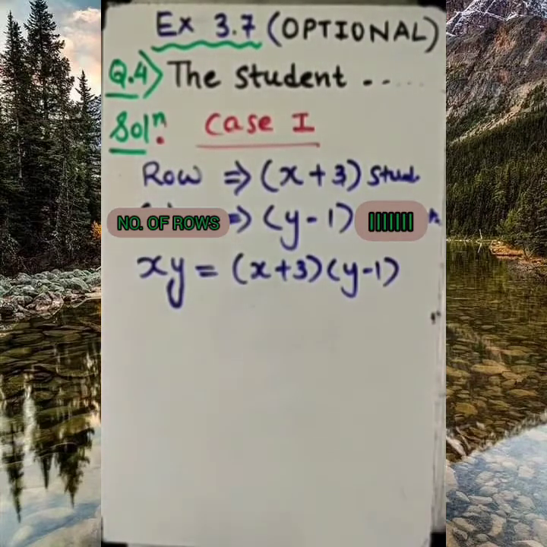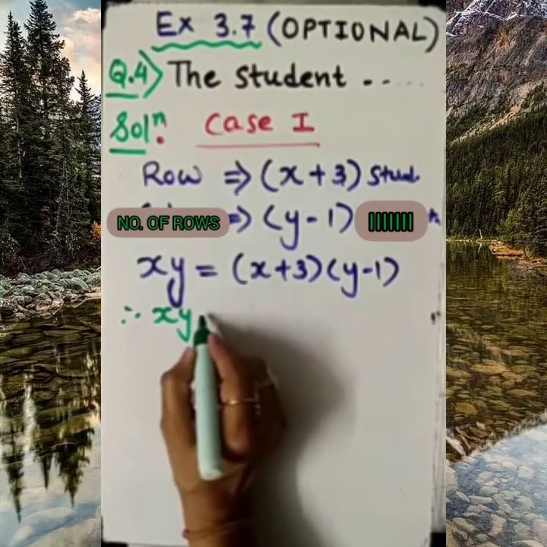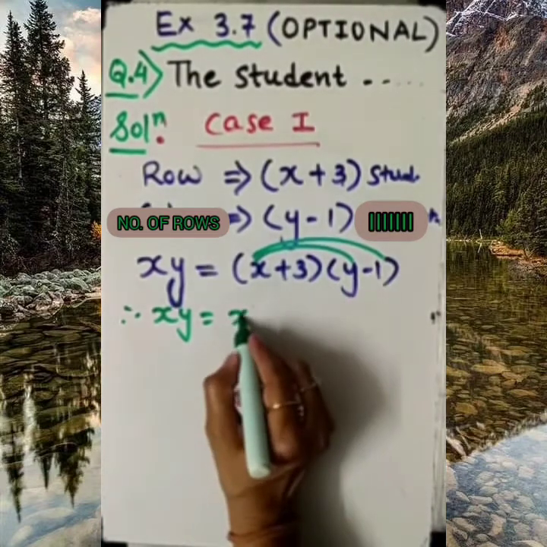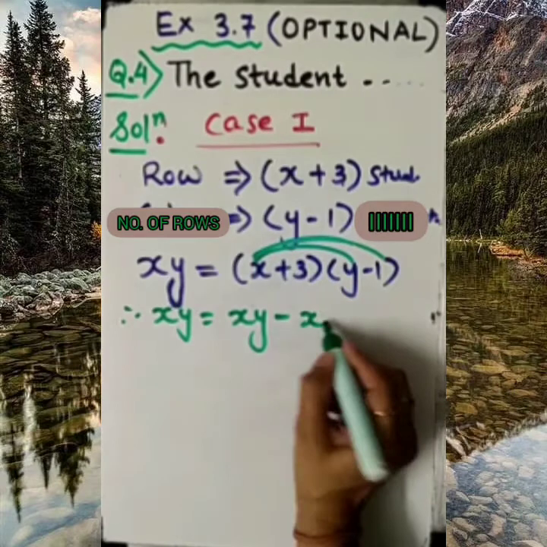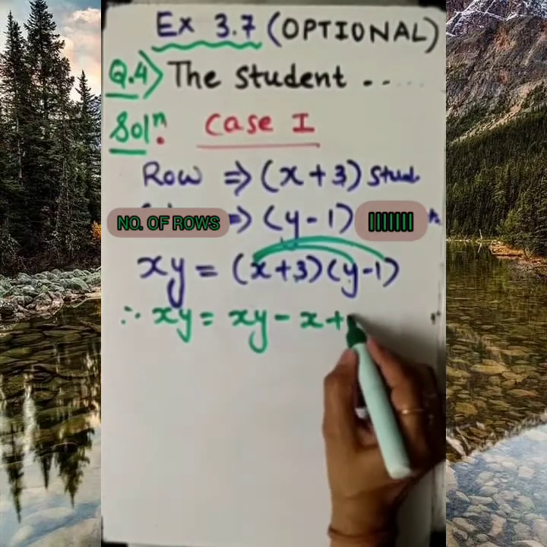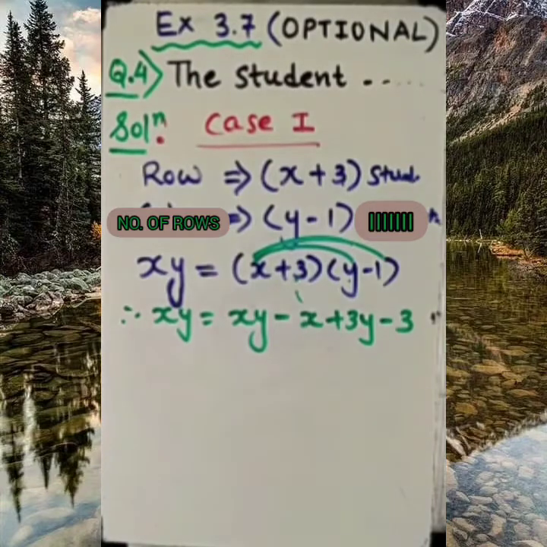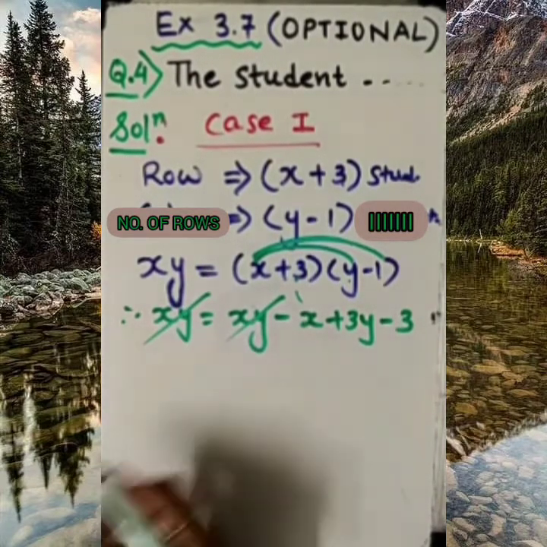Now all of us know very well how to simplify this equation. So first of all, multiply 1 by 1: x into y is xy, minus x into 1 is x, 3 into y is 3y, and 3 into minus 1 is minus 3. Fine. Now this will be cancelled. Clear to you?